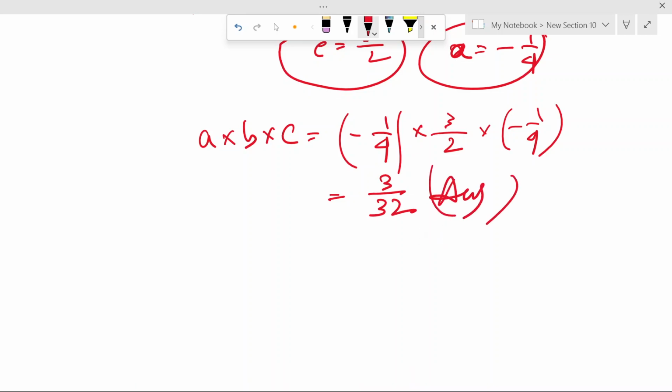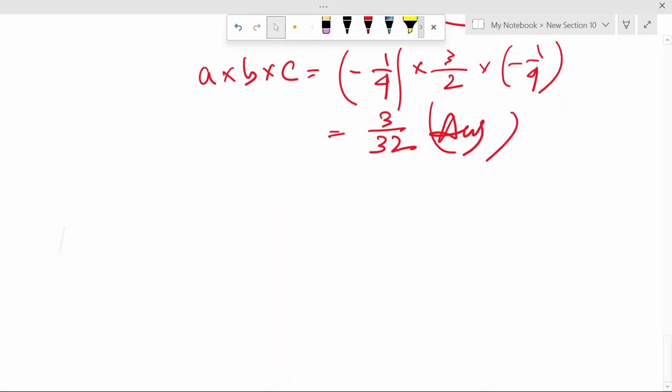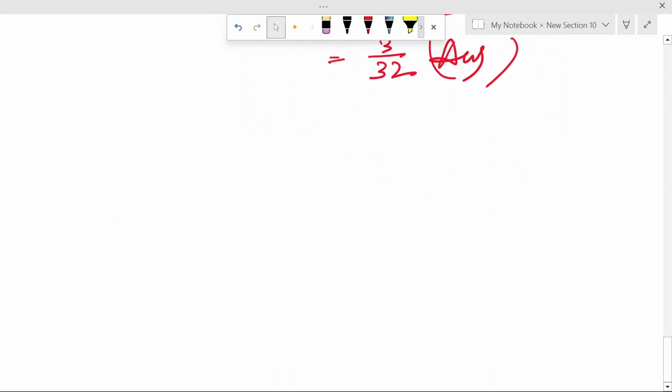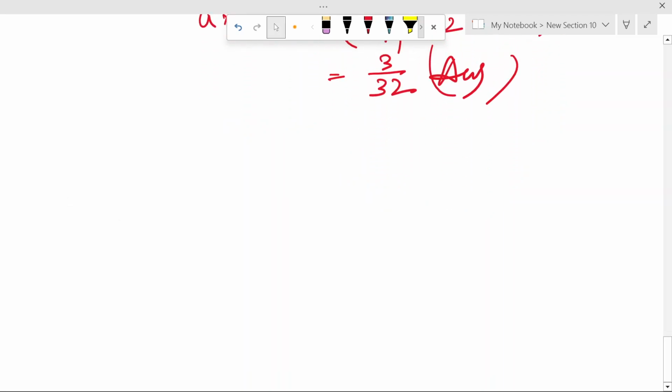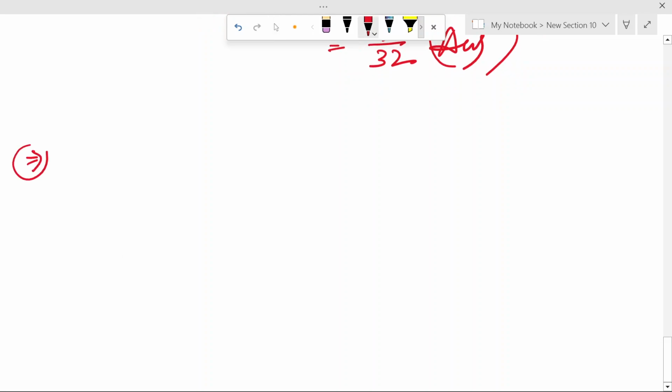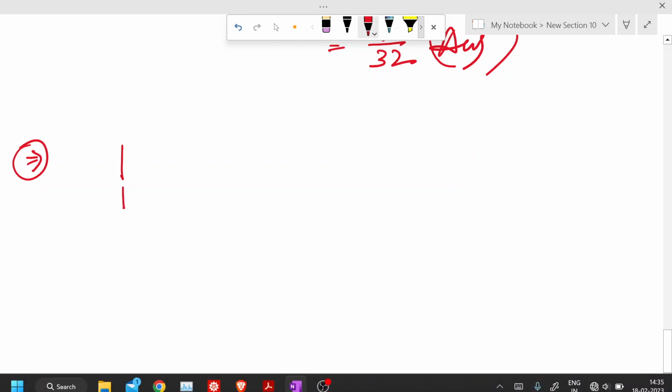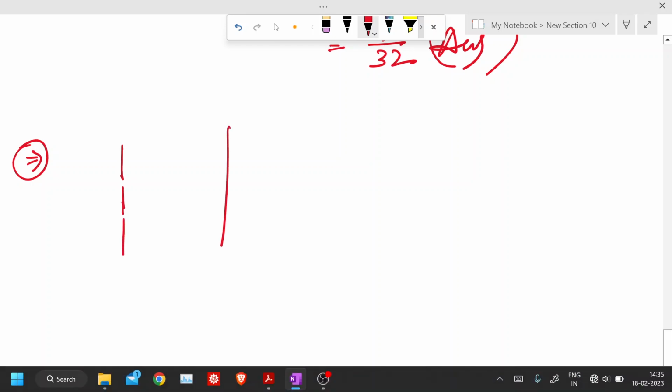Done. Now let's move to the next question, that is the Young's double slit experiment question. Before solving the question, let's write a few basic things about Young's double slit experiment. You have two slits and you have this screen.